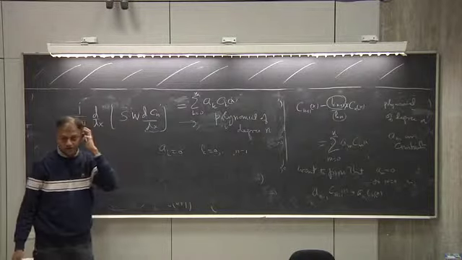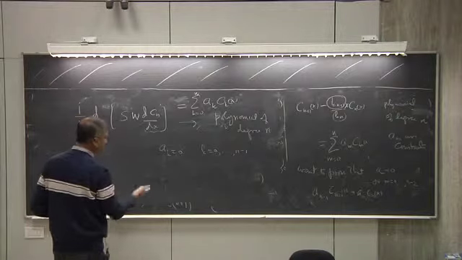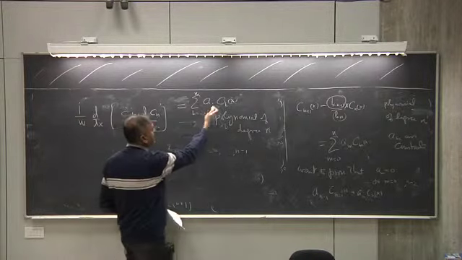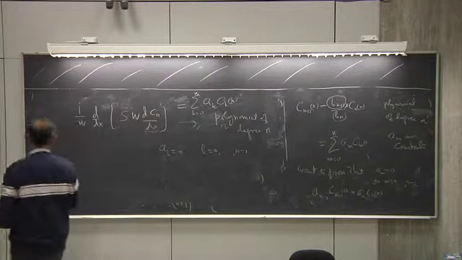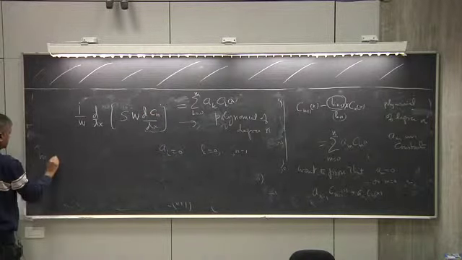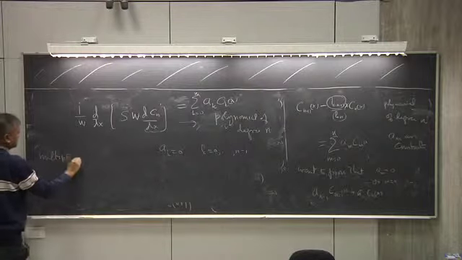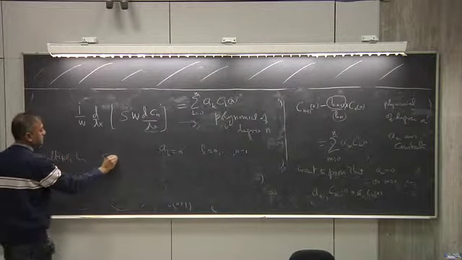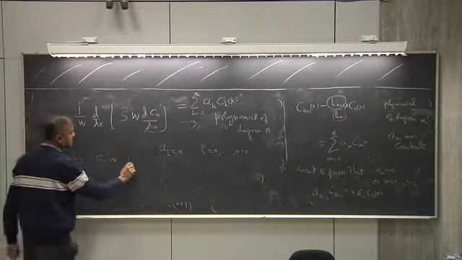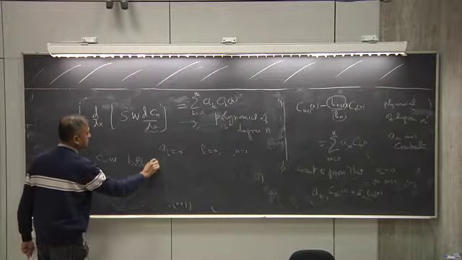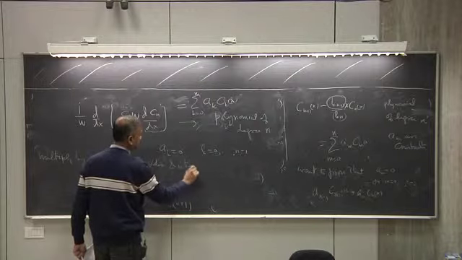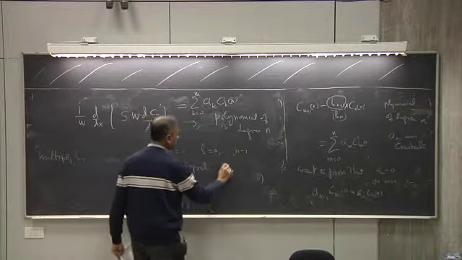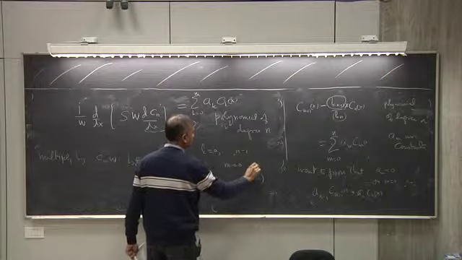So how to show this? Again, the same thing. Just multiply both sides by some C_m times W, and integrate, for m equal to 0 up to n minus 1.